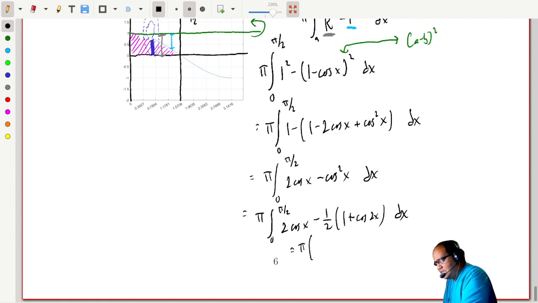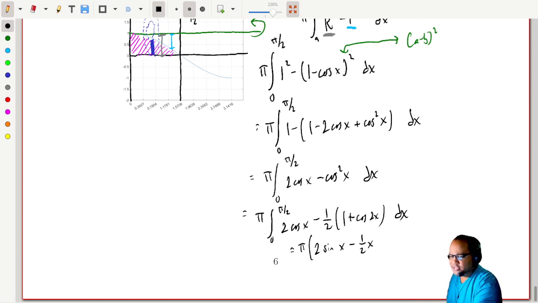Okay, and now we just have a bunch of easy stuff. Antiderivative of 2 cosine x, that's 2 sine of x. And I'll have a minus, well, we multiply through by minus 1 half, integrate that, you get a minus 1 half x. Now I have a minus cosine 2x over 2, do some u sub.